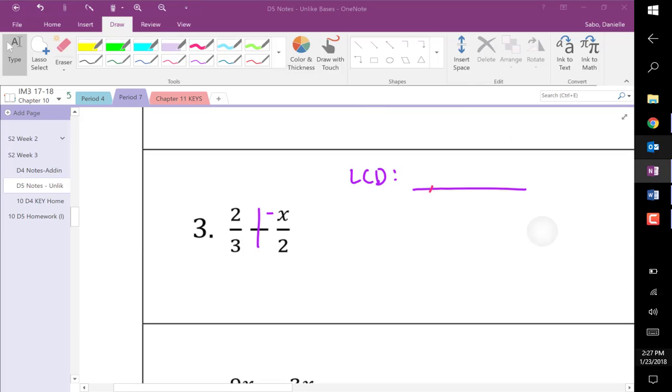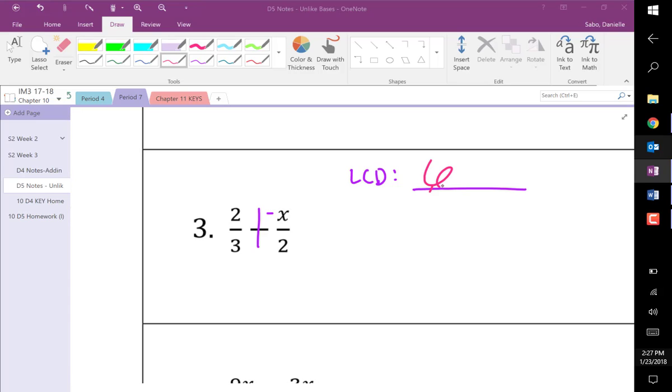Okay, so one of the biggest tricks I can tell you is that it's never going to be smaller than the bottoms. So 1 should not be an option for you because it's never going to be smaller than 3, nor will it be smaller than 2. It's either the same thing or bigger. Do you see how we can multiply 3 by something to get 6 and 2 by something to get 6?